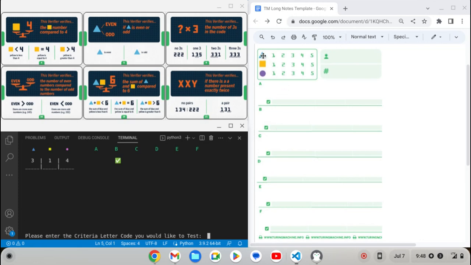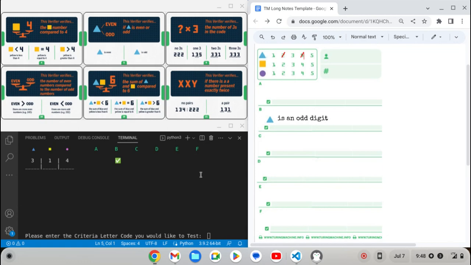Not necessarily 3, but it is odd nonetheless. So let me go ahead and type in my notes in section B that triangle is an odd digit, and since it's odd, let me go ahead and cross out the evens. So let me cross out 2 and 4.